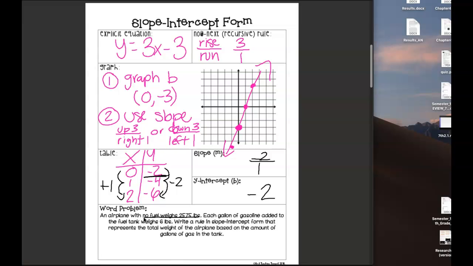So with no fuel, it weighs 2,575. So that's when the x is 0. So your y-intercept. So let's write plus 2,575. Okay. And what would be my rate of change or my slope? Ellie?